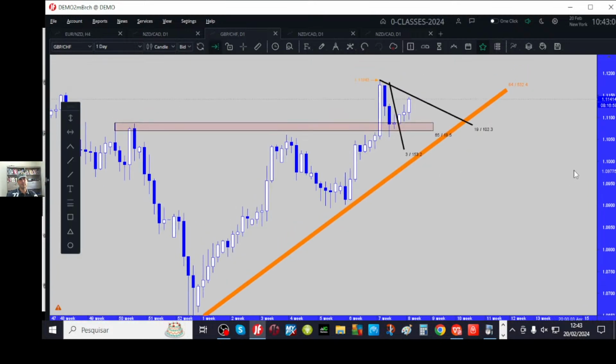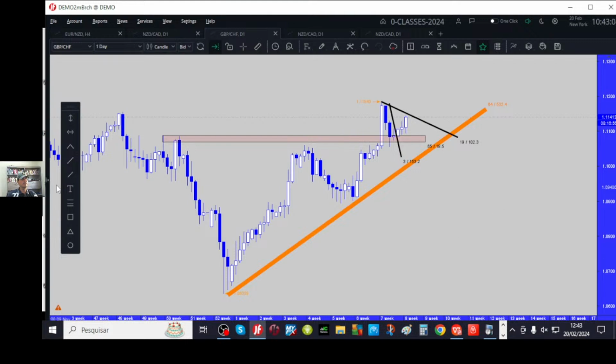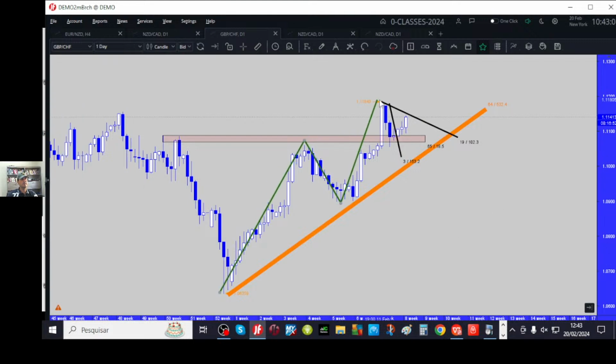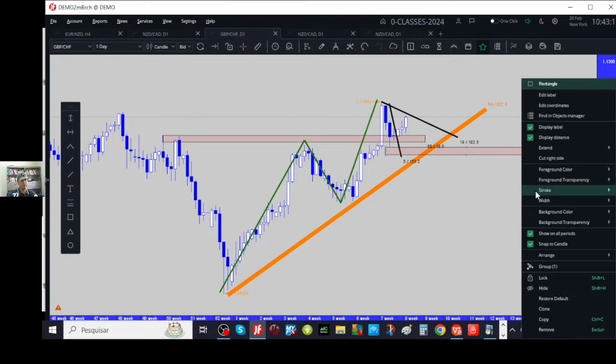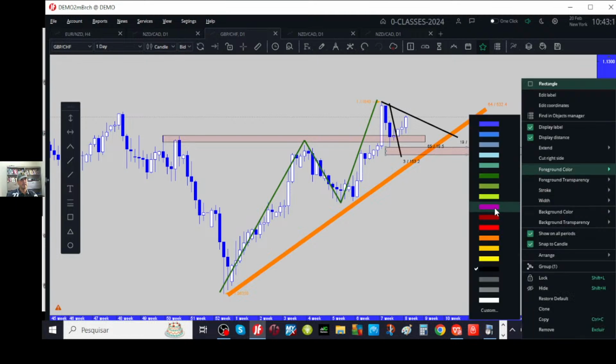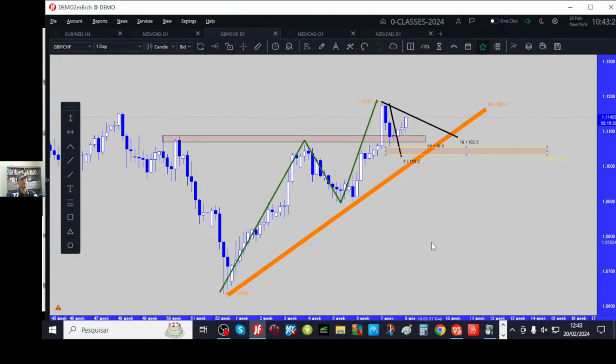I mean, this is clearly a buy, right? And let's put the stop loss down in here. Green, black, yellow. Or let's put the stop loss down in here to be more safe, secure.